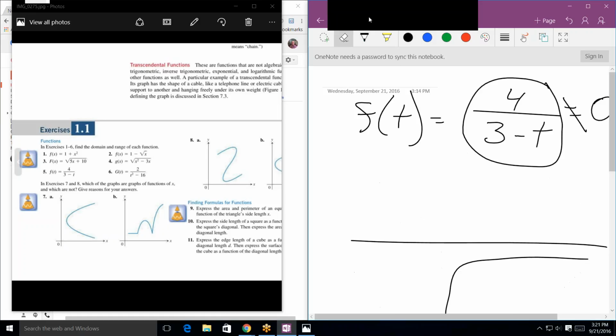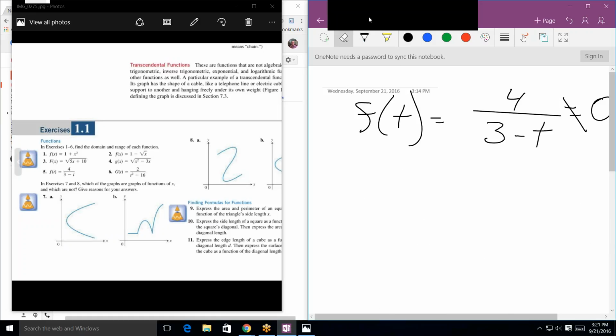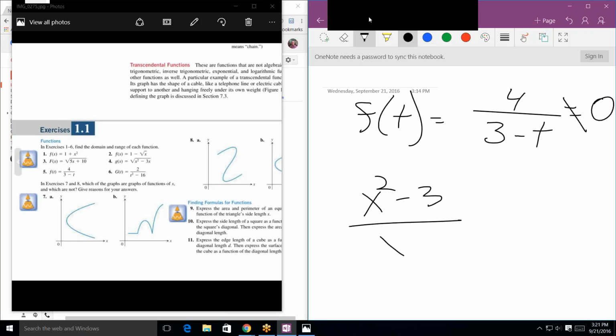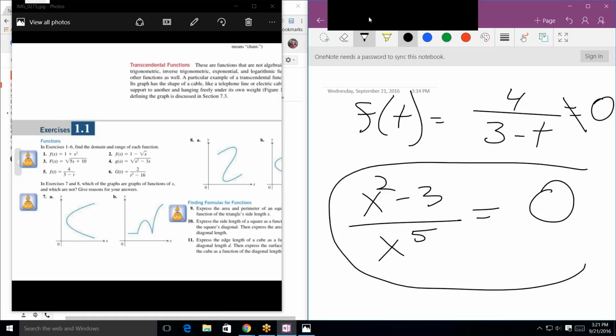And the key thing in math, and this is worth remembering, is that if I say x squared minus 3 divided by x to the 5th equals 0, and I want to solve that equation, the only thing that has to be true is that the numerator has to be 0.